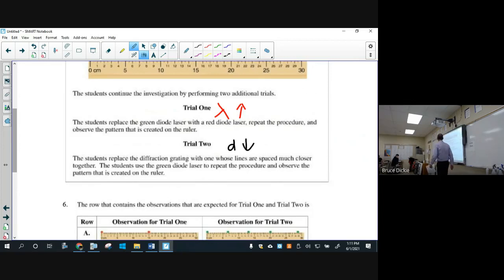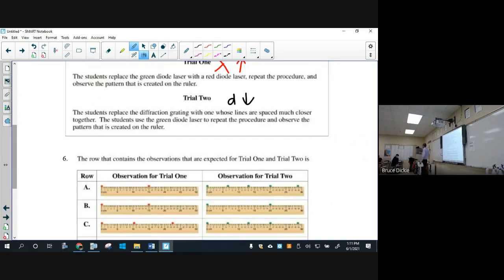Let's look at trial 1. What happens in trial 1? Remember we said a number of times, if you're looking to find a relationship between variables, write down an equation. I'm going to say lambda is equal to x d over n L. Now, look at all these diagrams. What are they really showing me? They're showing me the distance between the maxima. They're showing me x.